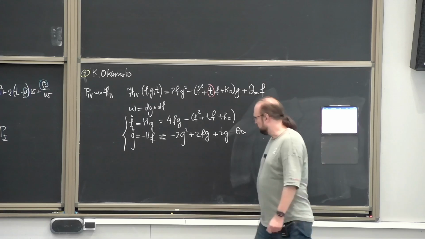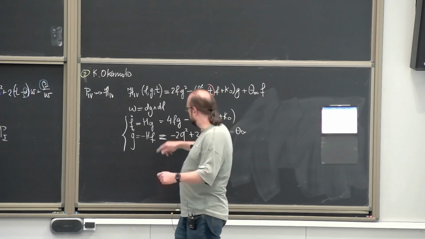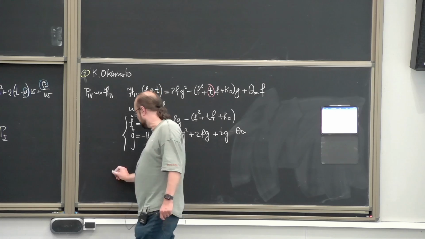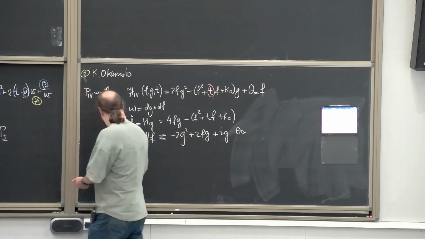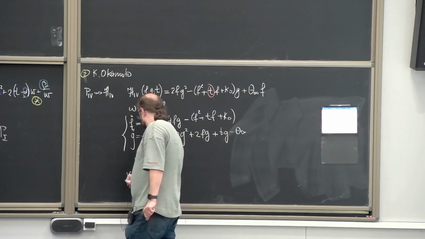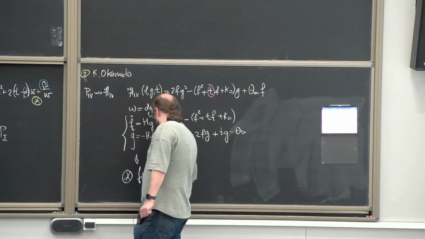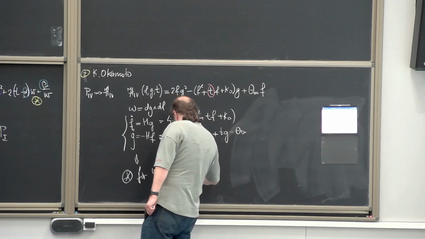Okay? And it turns out that this system, if you rewrite it for just f of t, gives Painlevé-IV, denoted by star, where w of t is f of t.